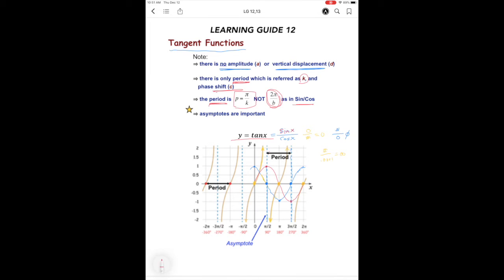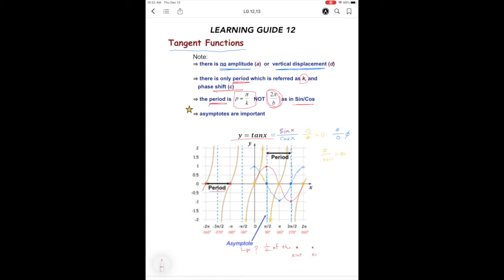Now, a couple features. The period is between the asymptotes, or you can say the period is between the dots. So you go dot to dot or asymptote to asymptote. Now, how do we get the asymptote? Well, the asymptote is half of the dot to dot.